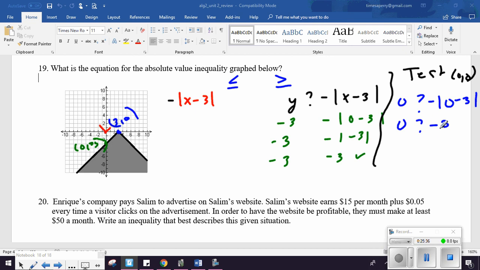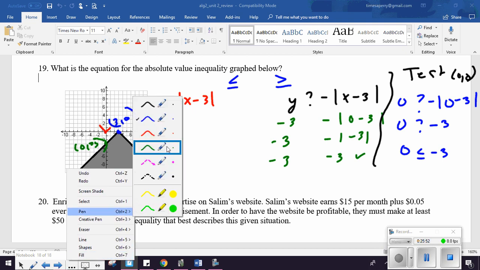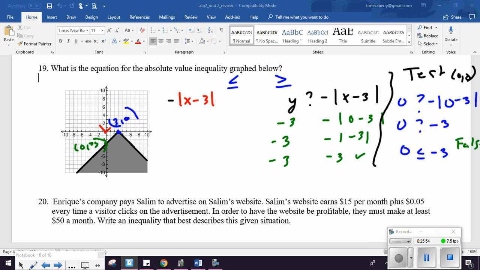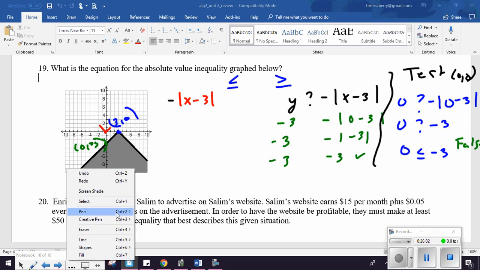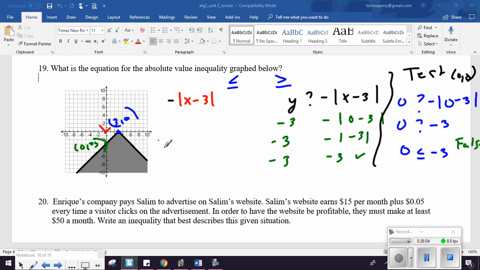So we need this to be false. In order to be false, it should be a less than or equal to negative 3. That's a false statement. 0 is not less than. So our final equation for this graph should be y less than or equal to negative absolute value of x minus 3.